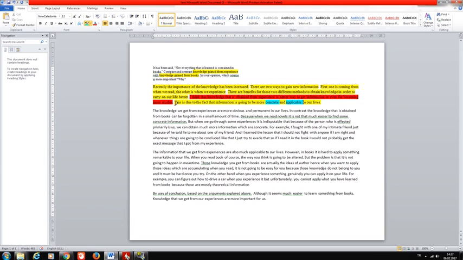In the very last sentence we explained why that is much better, because the question also says, in your opinion, which source is more important and why? So we're answering the why here in our last sentence.